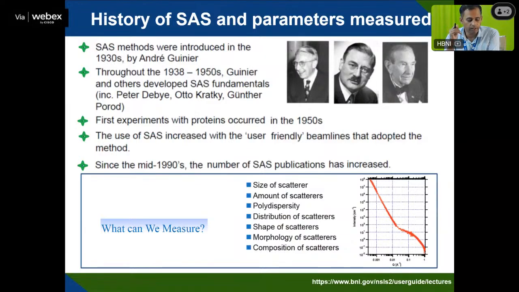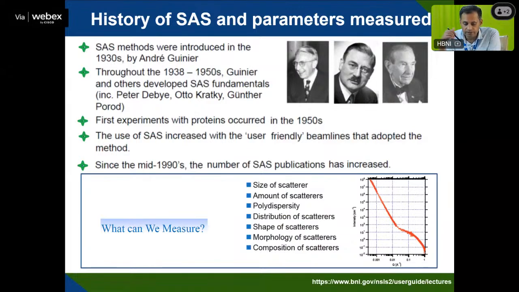Then the first experiments were performed around the 1950s, and the usage of SAXS increased. It became more user friendly after beam lines adopted the method, like in synchrotron radiation sources. After the beam lines came into the picture, small angle X-ray scattering and neutron scattering experiments became more user friendly. In the mid 90s, the number of such publications increased.